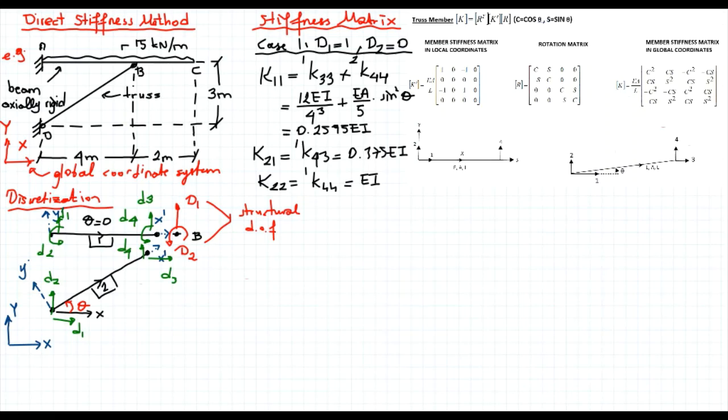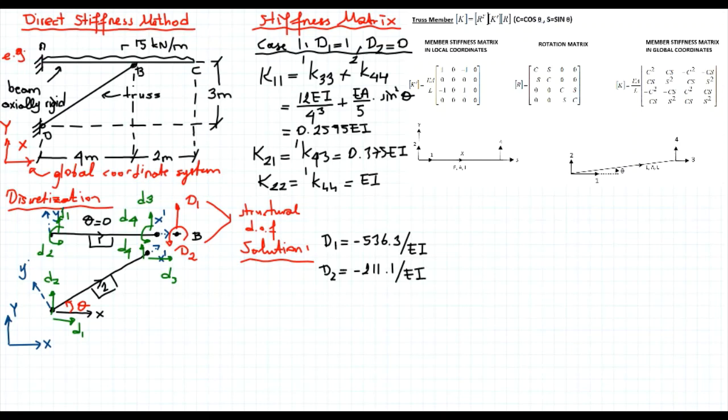Now let's say that we did the solution. We have the stiffness matrix, we know the force vector, and once we obtain the solution, d1 will be equal to minus 536.3 divided by EI, and d2 will be equal to minus 211.1 divided by EI.